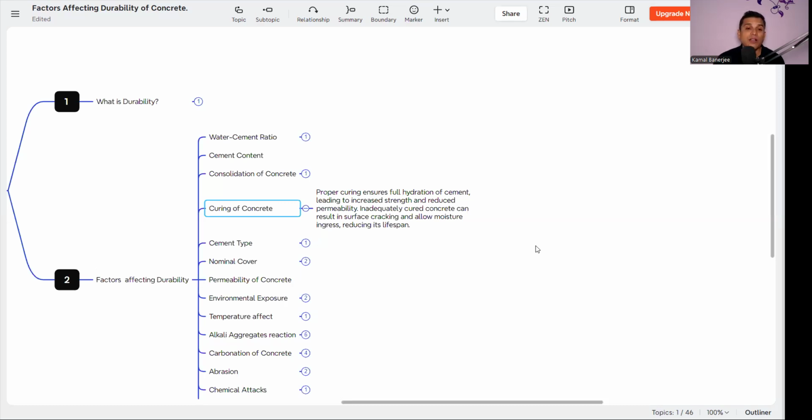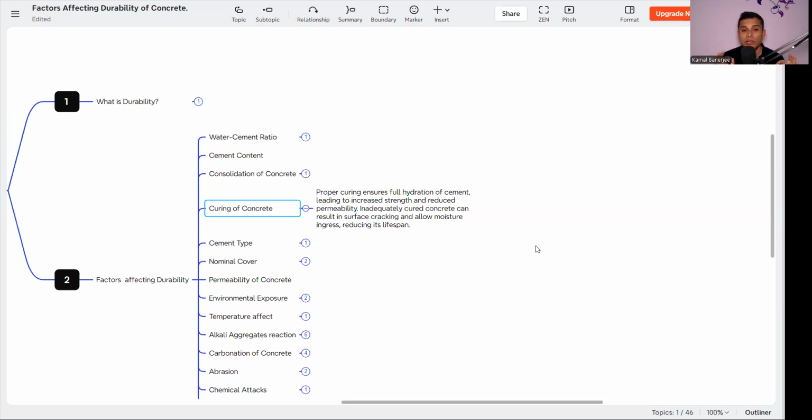So if the concrete is not properly cured, what will happen? In the early stage, plastic shrinkage will happen, and in a later stage there will be thermal shrinkage, or carbonation shrinkage. All that can happen, and all of it affects the durability of the concrete. That is why curing is important.